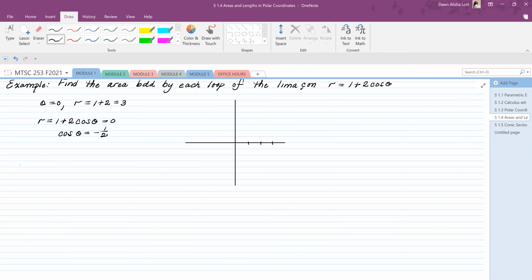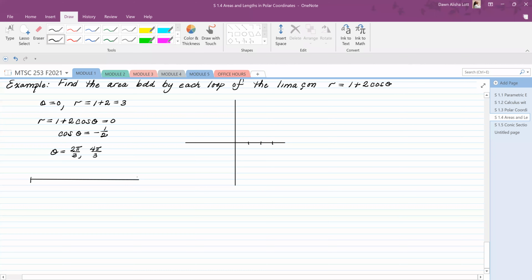So that theta is equal to 2 pi over 3 and 4 pi over 3. So between those points, if I just were to do a line here, so here's 0, and here's 2 pi.